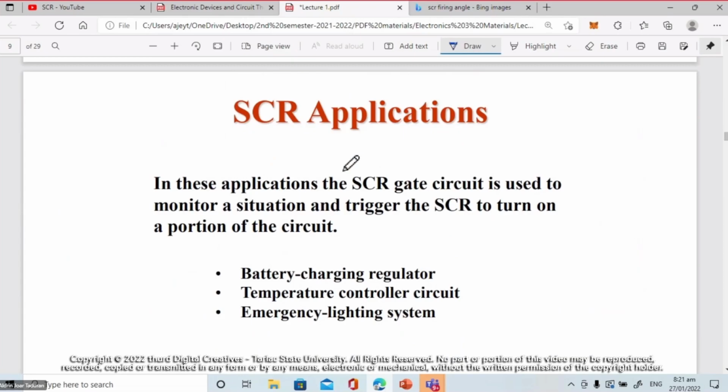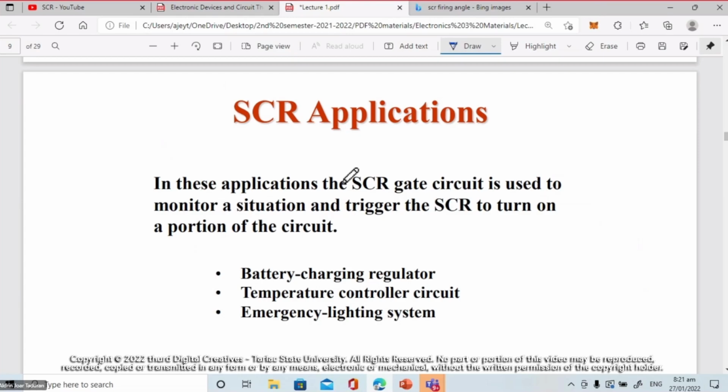Application: in this application, the SCR gate circuit is used to monitor a situation and trigger the SCR to turn on a portion of the circuit. An example is a battery charging regulator.